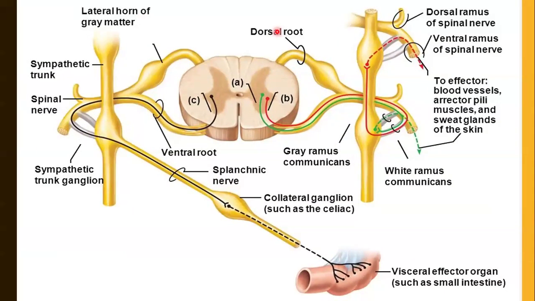So spinal nerves are nerves that arise from the spinal cord. They are usually about 31 pairs of nerves. 8 pairs arise from the cervical region, named C1 to C8. 12 pairs arise from the thoracic region, named T1 to T12.